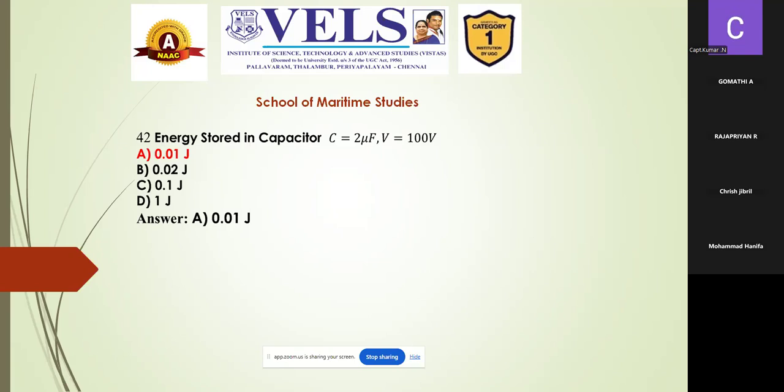The formula of energy E is equal to half CV square. So E is equal to 1 by 2 into 2 into 10 power minus 6 into 100 into 100. Finally, we got the answer 0.01 joule.